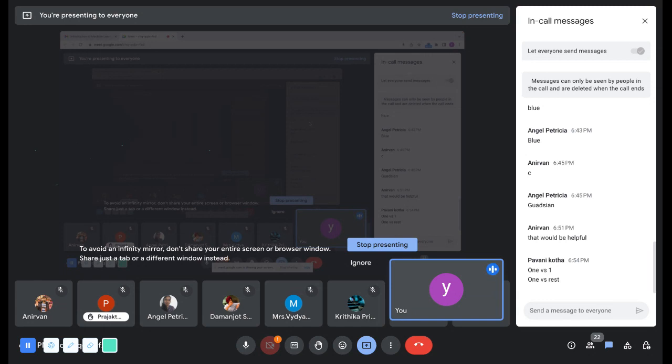Yeah, one versus one and one versus rest. So which one is better? Which one is computationally efficient? One versus one is pairwise options.